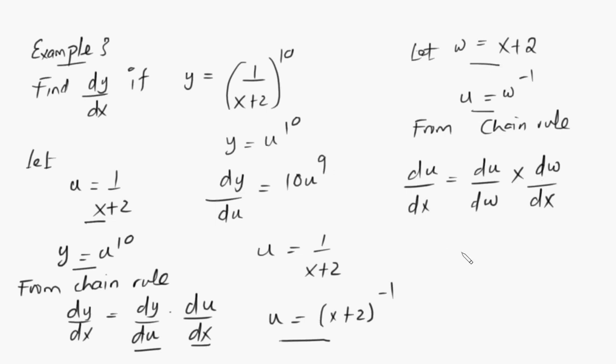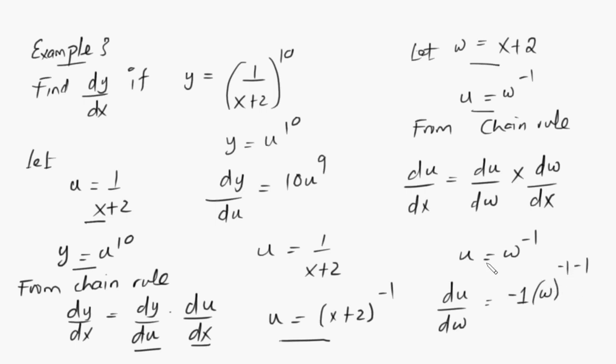From u equals w to the power negative 1, my du/dw, using that formula, is going to be negative 1 times w to the power negative 1 minus 1, that is n minus 1.